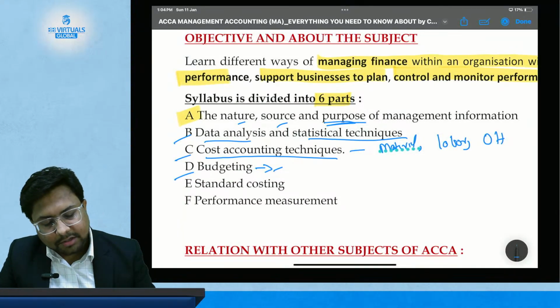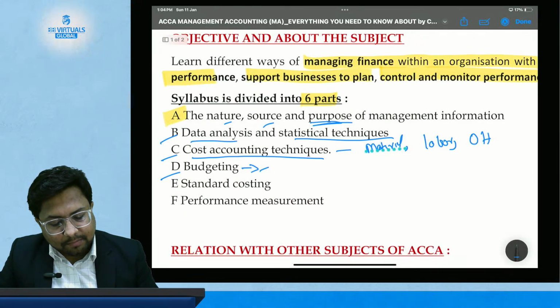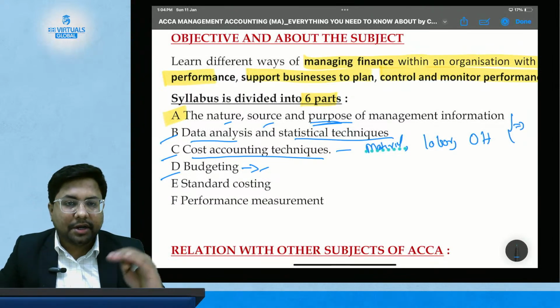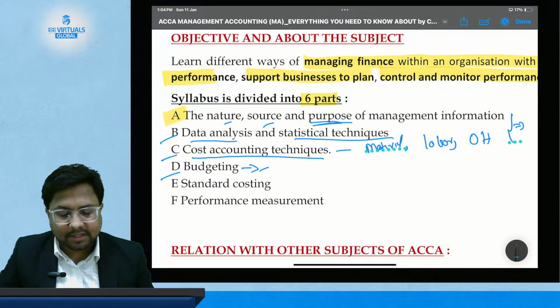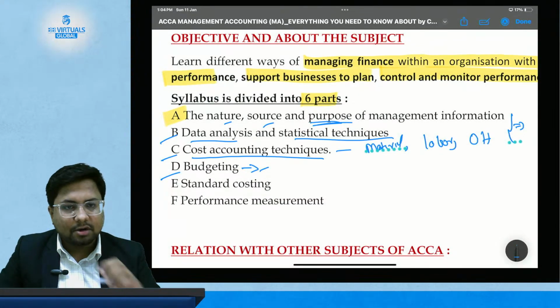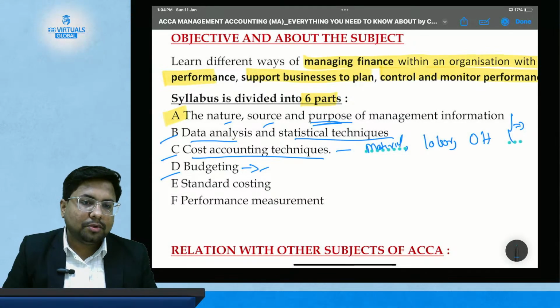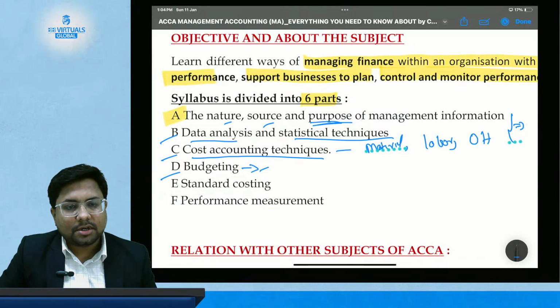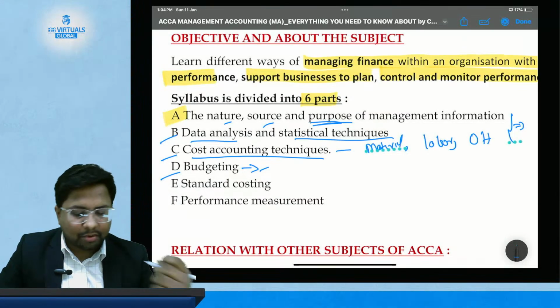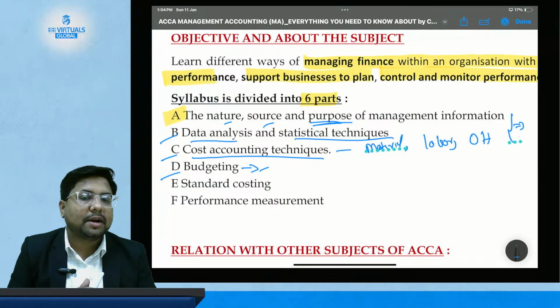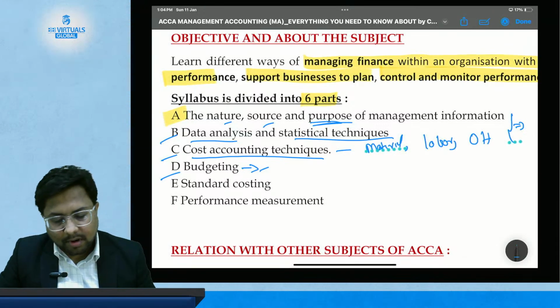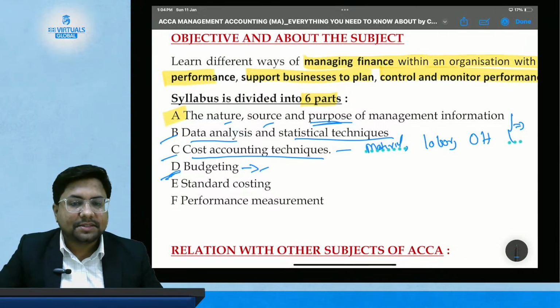So let's understand once again. Parts A and B are about the data and how to prepare data. Then comes part C, where we will understand cost accounting techniques to be used for making information about material, labor and overheads. Then comes part D. Using the information extracted in part C, we will make a budget in part D of the syllabus.